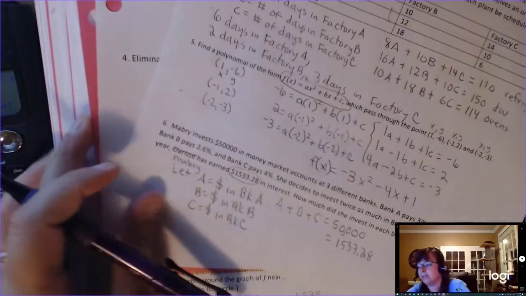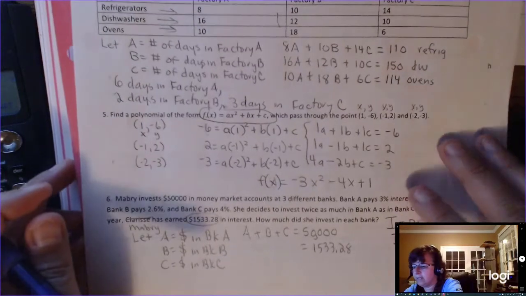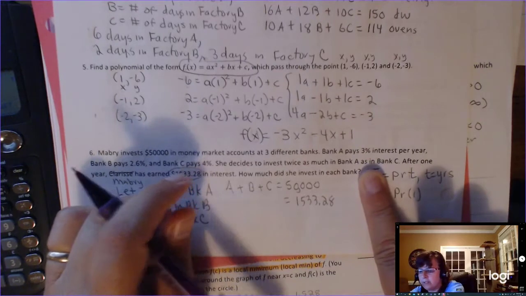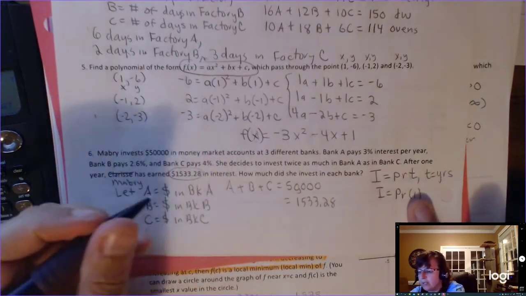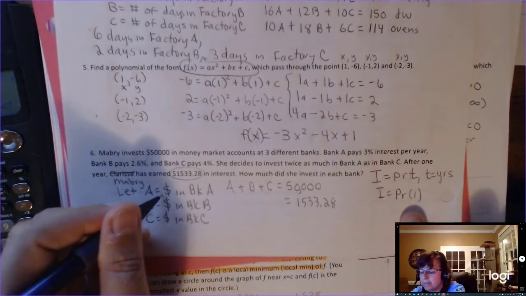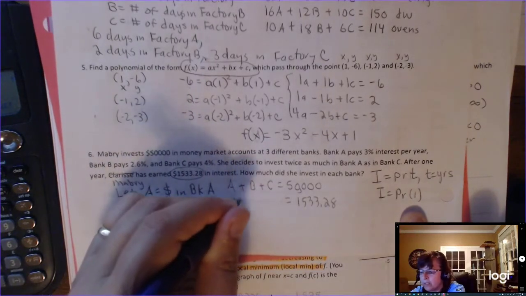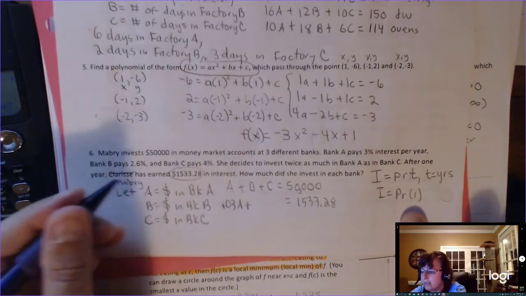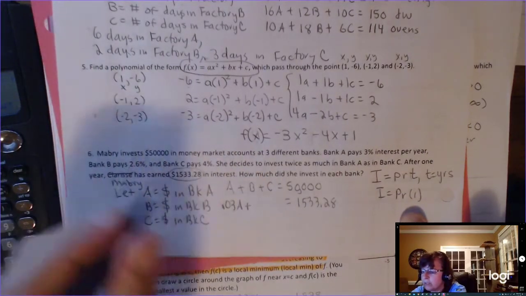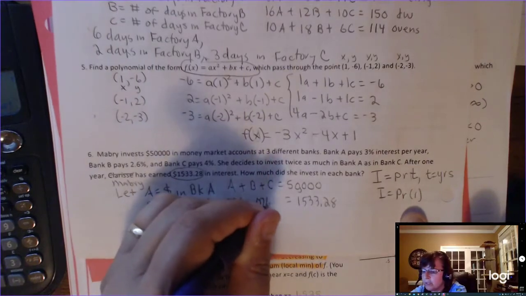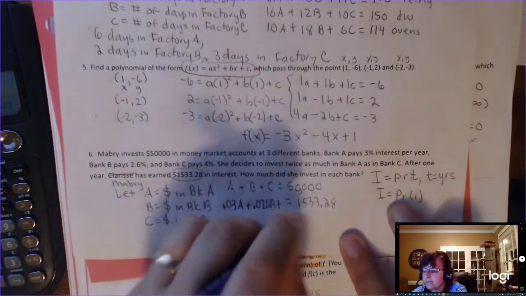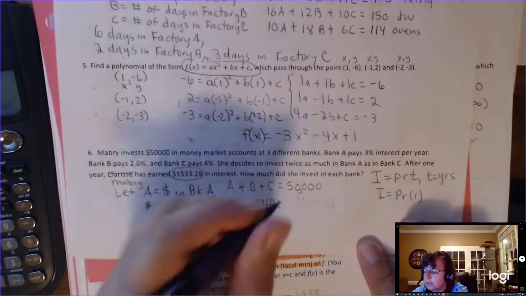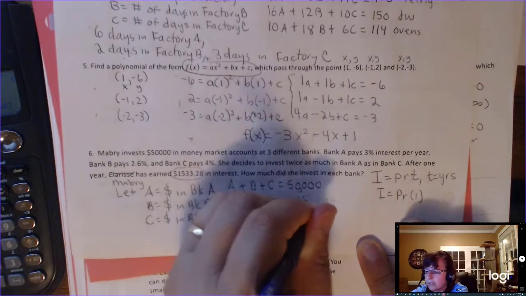So the interest is principal times the rate. Okay, so the interest rates are given. Bank A is 3% interest, so if we convert that to a decimal, that's 0.03. A is the principal, that's the money, so 0.03A times 1 is your interest from A. And then B, 2.6%, that's 0.026 times B. And then C, the interest is 4%, 0.04C.